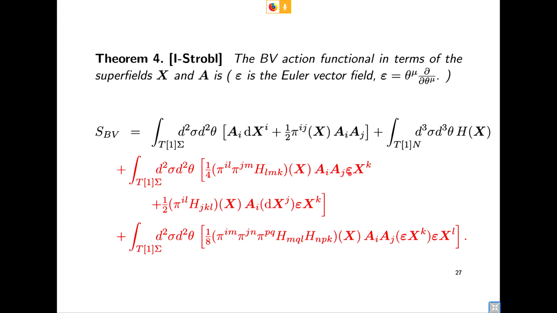Here the epsilon is the so-called Euler vector field, defined like this. Theta^mu is a super coordinate on the T[1]Sigma, the super direction of this worldsheet Sigma. All the remaining terms contain this Euler vector field.